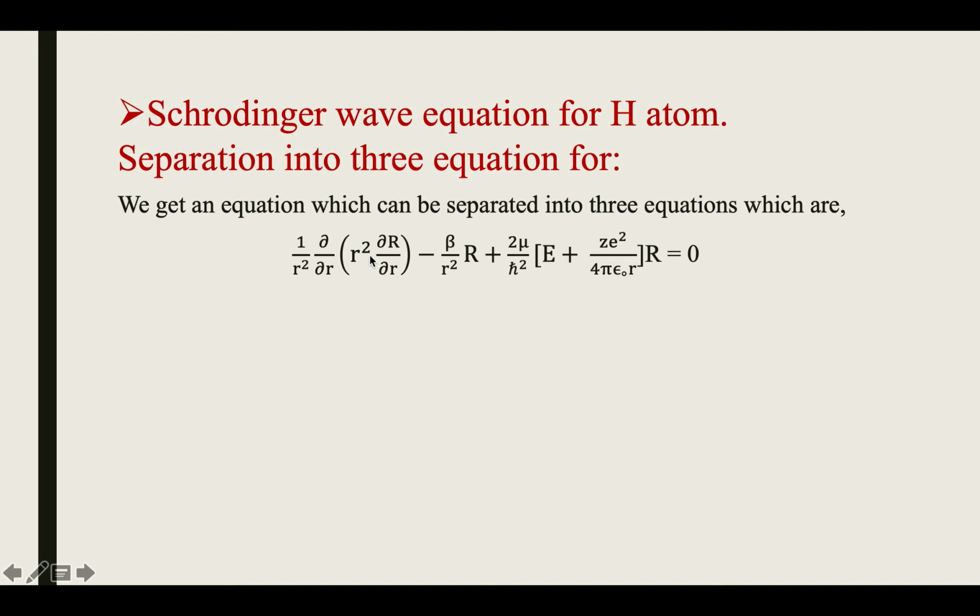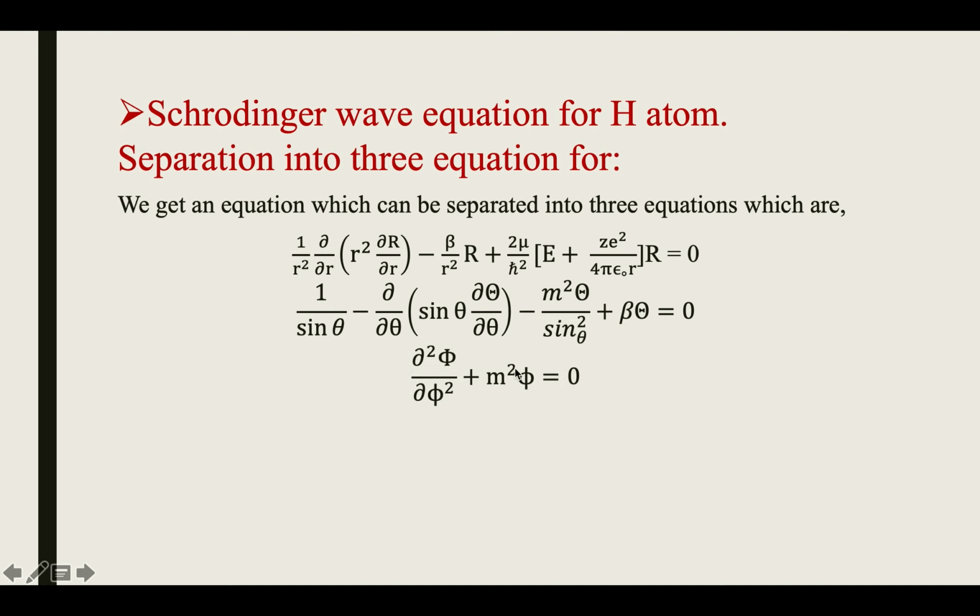This is a function of r only. The second is related to theta only, and the third to phi only. All three equations come after solving these equations, where m and beta are constants in these equations.